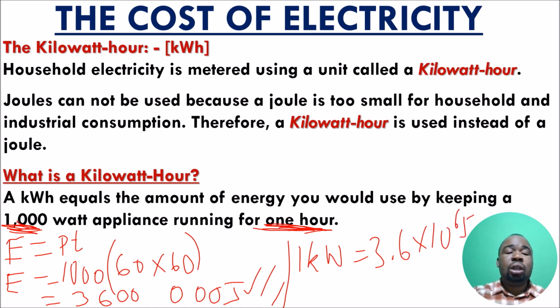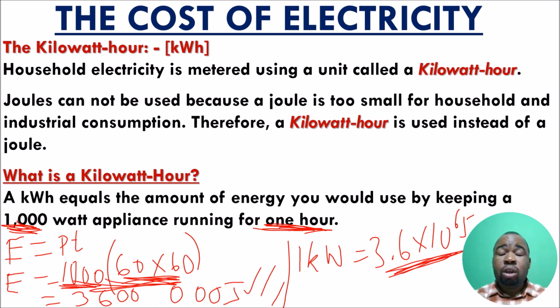From this calculation, 1 kilowatt hour is energy used when a gadget rated 1000 watts is used for an hour. So this is just 1 kilowatt hour, and that 1 kilowatt hour is translating to 3.6 times 10 to the power 6 joules. So in all our workings, when we're calculating the cost of electricity, we'll be using a kilowatt hour. Any energy given in joules, convert it to kilowatt hours.